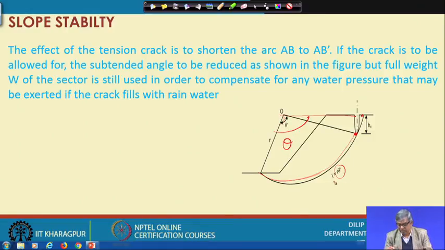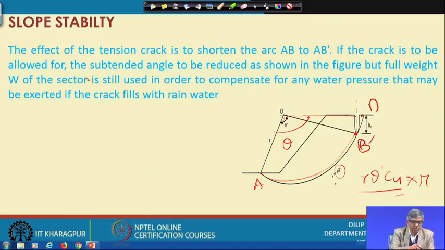Based on that I find L equal to r theta dash, and r theta dash multiplied by cu becomes the force, and multiplied by r equals the moment, which is used to calculate the factor of safety. So the effect of the tension crack is to shorten the arc AB. The original was AB and now it is AB dash. If the crack is allowed, the subtended angle is reduced: the original angle was this, now the modified angle is this, and that is to be taken.